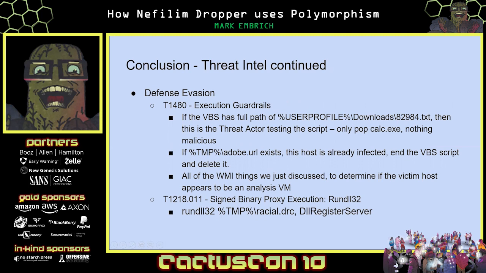And of course, the WMI stuff we mentioned just a few slides ago. If it looks like an analysis sandbox, don't run the DLL. We also see signed binary proxy execution, in that the threat actors are using totally legit rundll32 to execute ratio.drc.